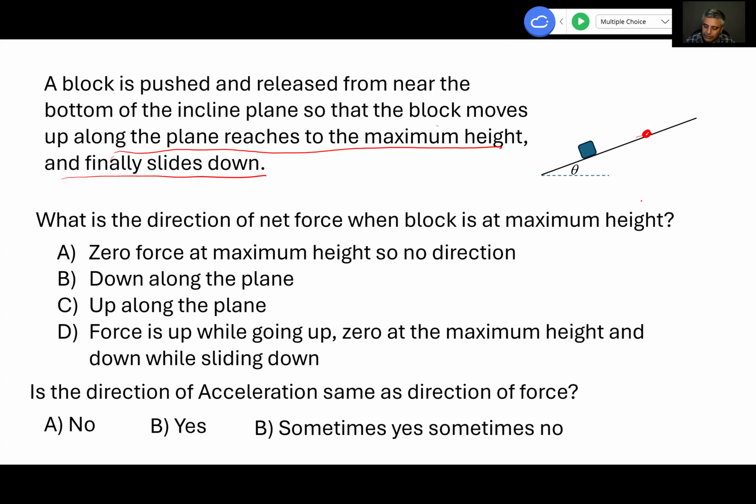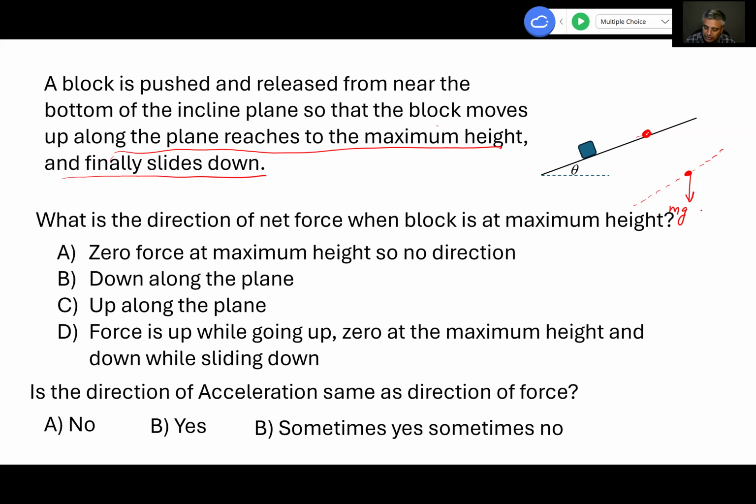So how do we draw a free body diagram of an object on an inclined plane? We replace the plane by a dashed line and put a dot. And then we draw the possible forces. In this case, mg is always there, and it is always vertically down.